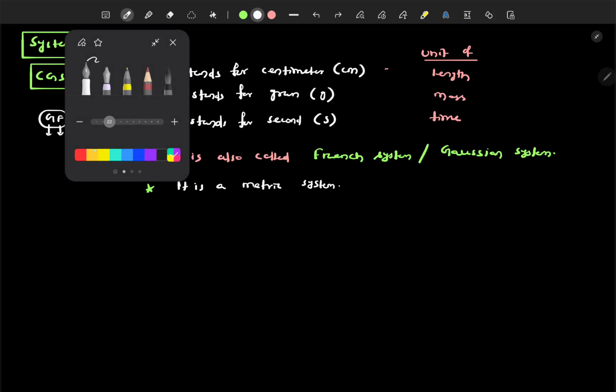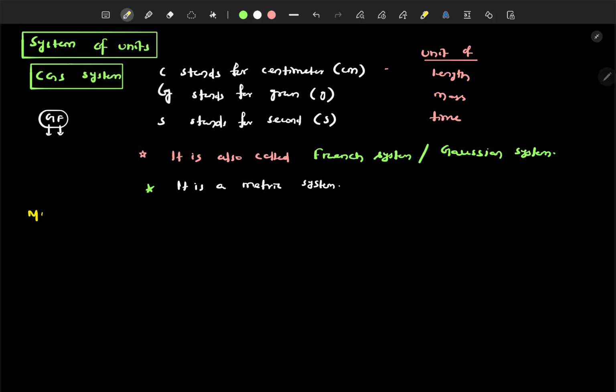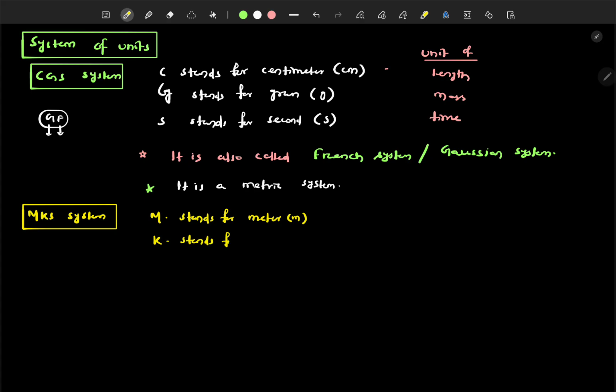Yes. So the next system of unit is your MKS system. Same style, you have to represent the meaning of M, K and S. Here M stands for meter, K stands for kilogram, that is kg, and S stands for second, that is S. Meter is the unit of length, kilogram is mass, and second is the unit of time.